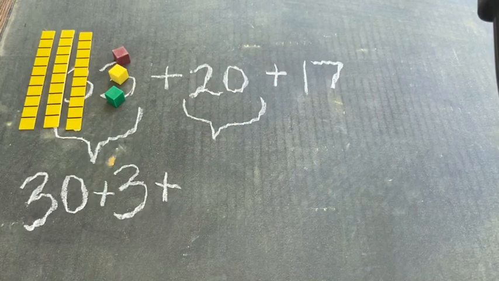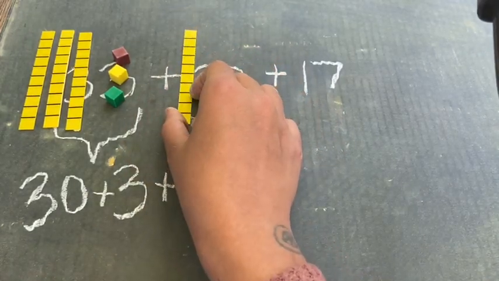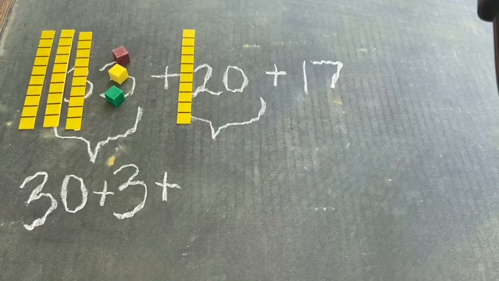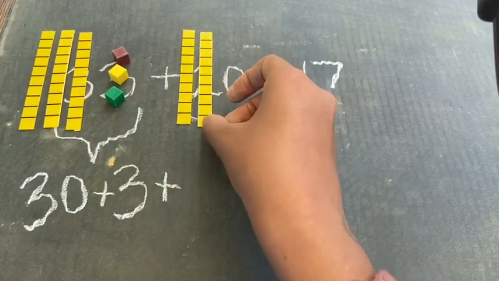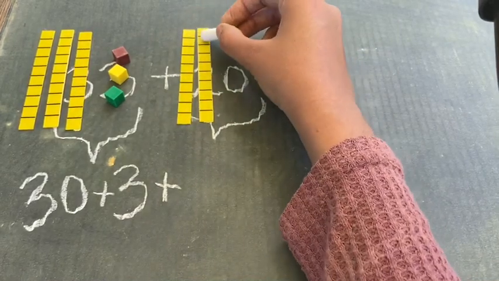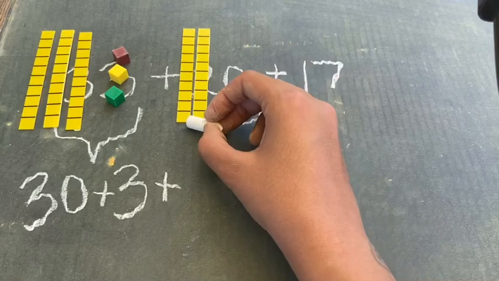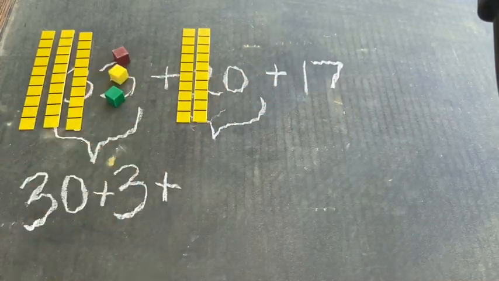Well, we know that 1 10 is 10. And if we add one more 10, 10 plus 10 is 20. Let's count it and double check. 10, 11, 12, 13, 14, 15, 16, 17, 18, 19, 20. And 0 ones.